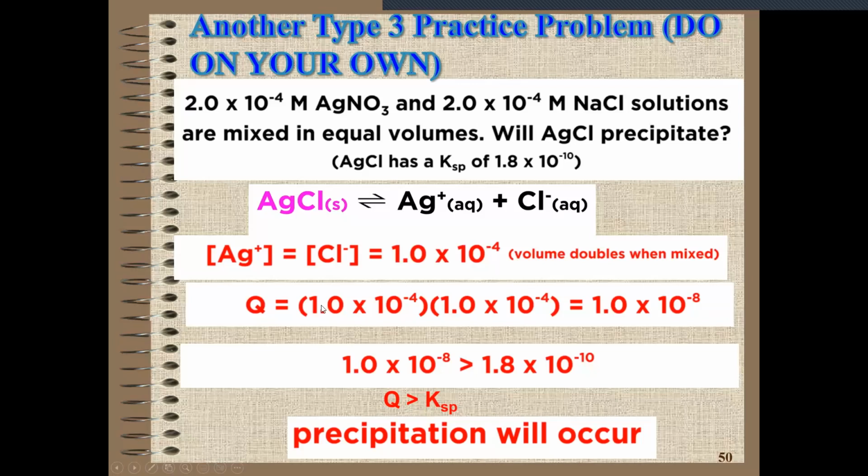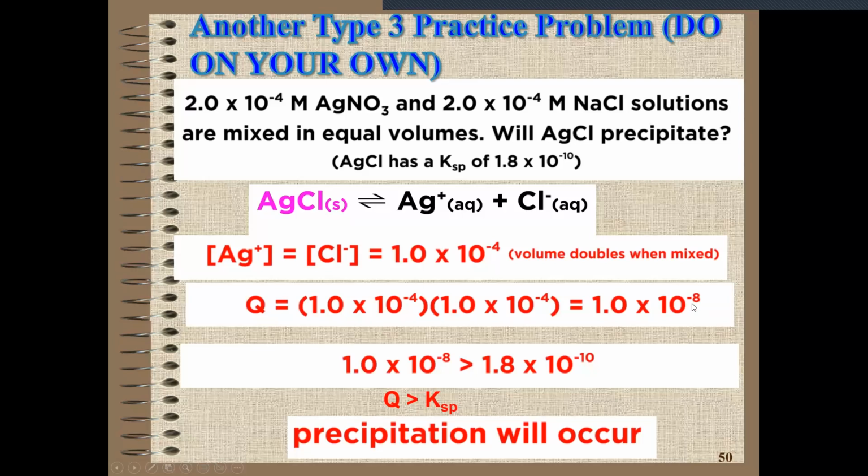The KSP expression is the same as the Q, but the Q just means it's not at equilibrium yet. So given these concentrations, we fill them in just like we would in a KSP. Ag has that concentration, CO3 has that. Everything's the same as KSP, but it's not at equilibrium, so we call it Q, the quotient. It's 1.10 to the minus 8.